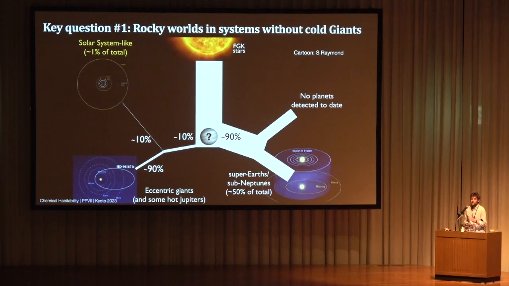Do we really get all this extra carbon, all this extra oxygen, all these extra volatiles into the inner system? And if yes, does this really end up on your rocky planet? Do you form these water worlds? Or does it go to the gas? This is a very interesting question for placing the Earth and the solar system in context.